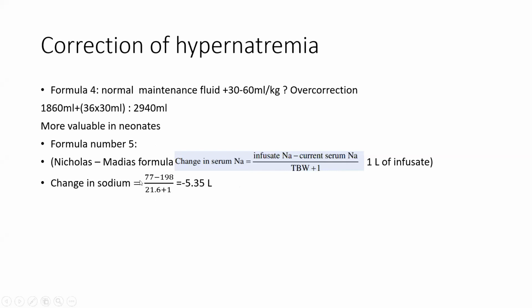For example, looking at our patient, half normal saline has a sodium concentration of 77, minus 198, that's the current sodium, divided by total body water, which is 21.6 for the same patient, then plus 1. It will give you the water deficit of 5 liters, 350 ml.